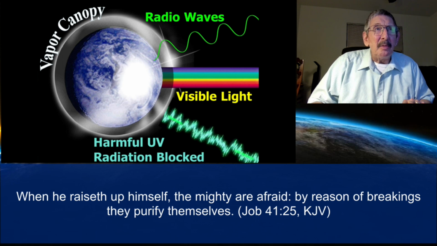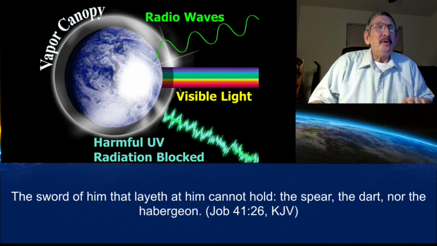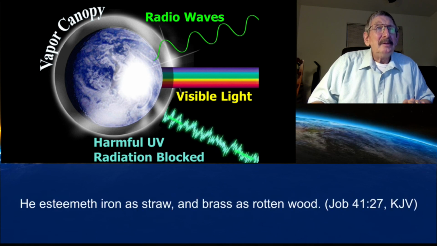By reason of breakings, they purify themselves. The sword of him that layeth at him cannot hold, the spear, the dart, nor the habergeon. He esteemeth iron as straw, and brass as rotten wood. Basically, he's so strong that he can bend steel like a straw, and brass like it's rotten wood.